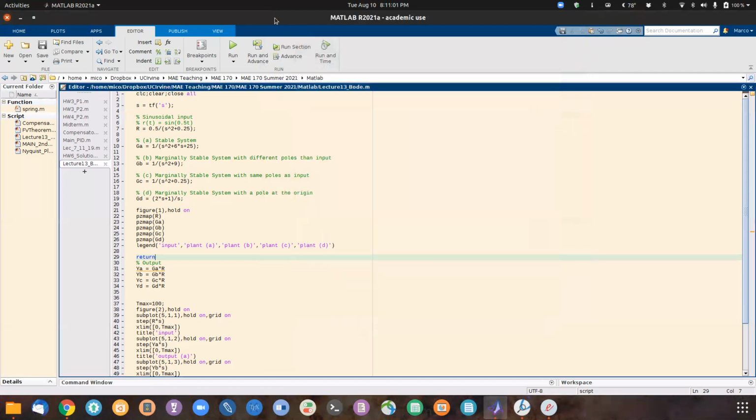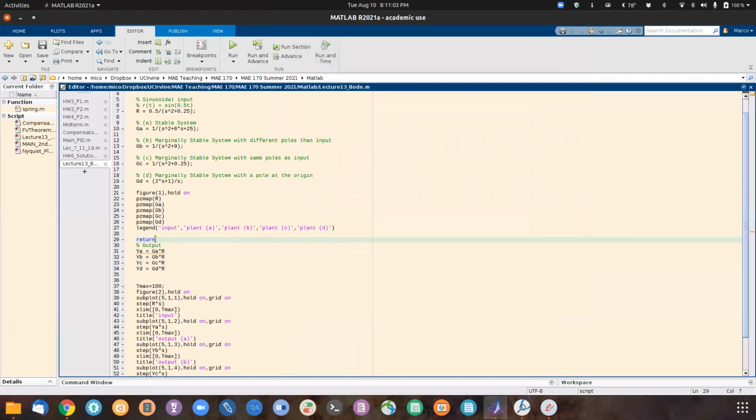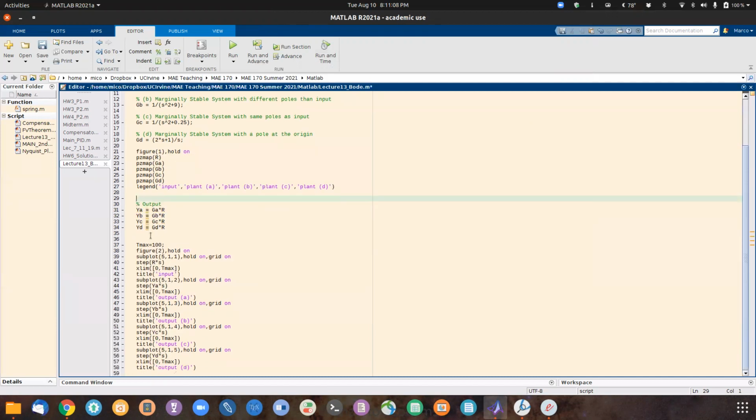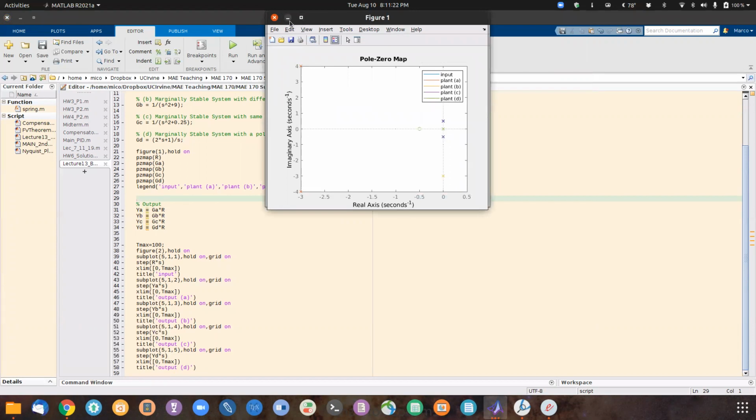Okay, now that we have the poles for our plants, we can go ahead and compute the outputs. So let's do so. For some reason, it's taking forever. All right, here we go.